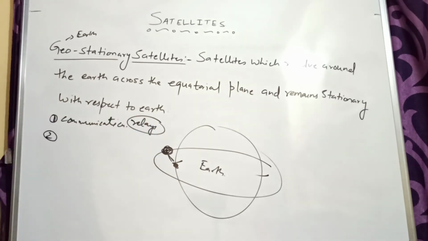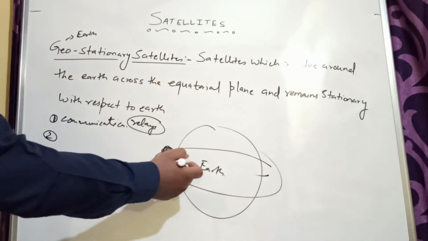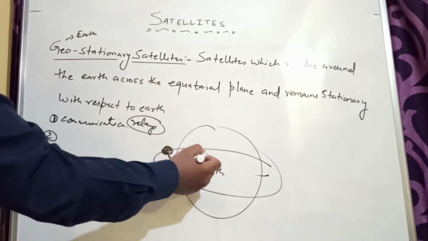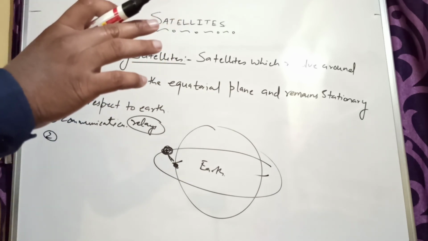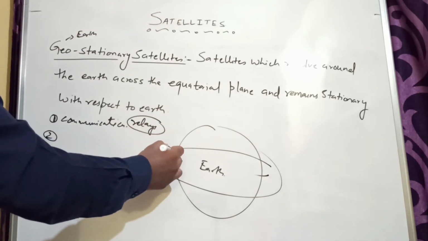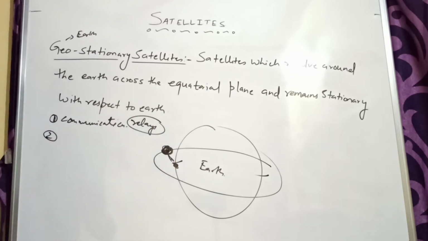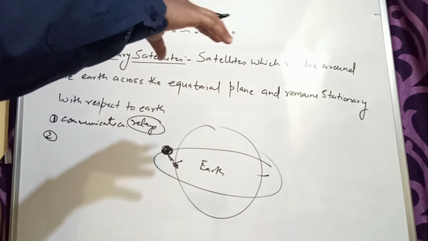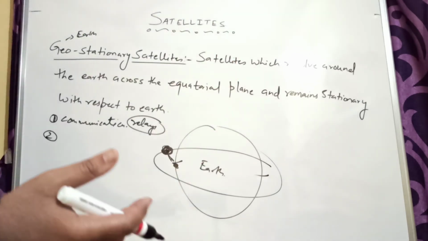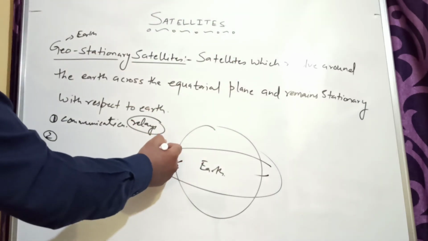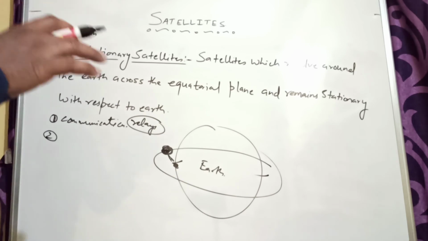Second, for spying. For example, if you are required to keep an eye on or monitor a specific place on the surface of Earth, just locate this geostationary satellite above that region. Without anyone knowing, the satellite will capture images and keep an eye on that region.